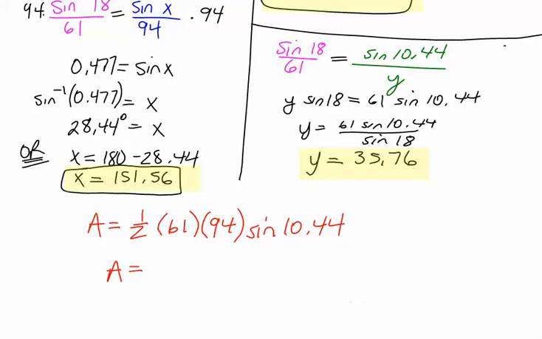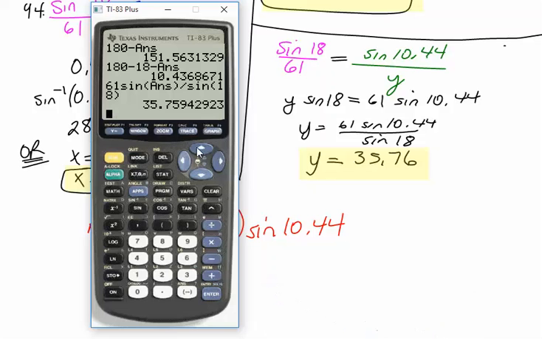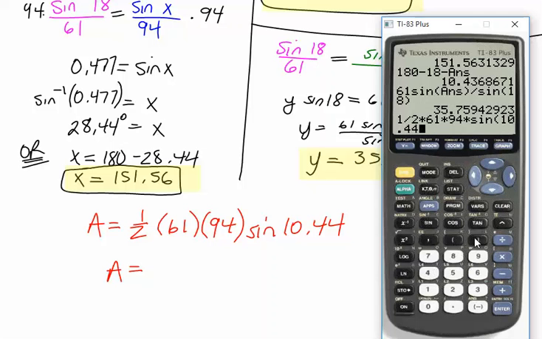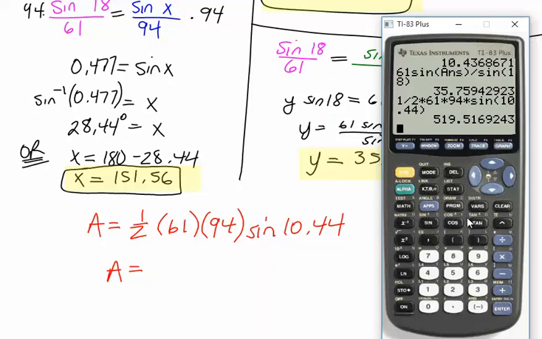So now when we go into our calculator, we take 1/2 times 61 times 94 times the sine of 10.44. Now, it would be ideal if you saved that full decimal so that you're not rounding, but I'm going to round, and get 519.52.